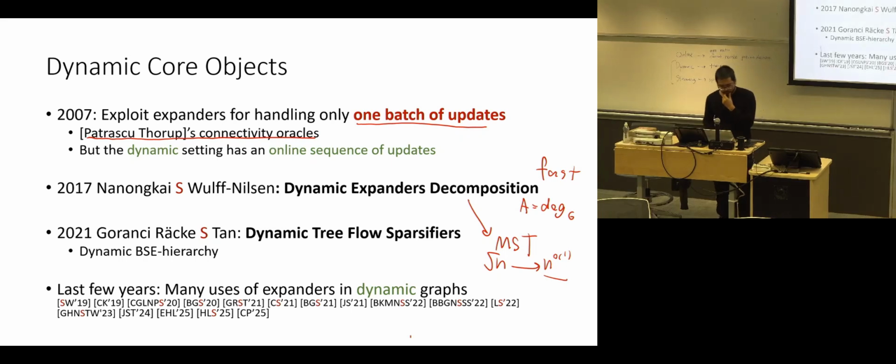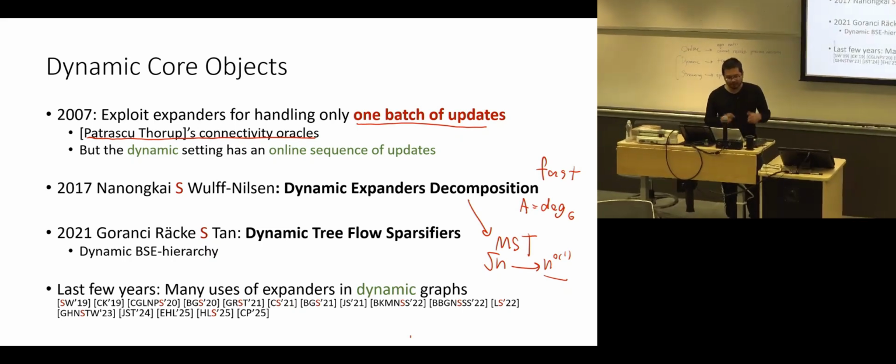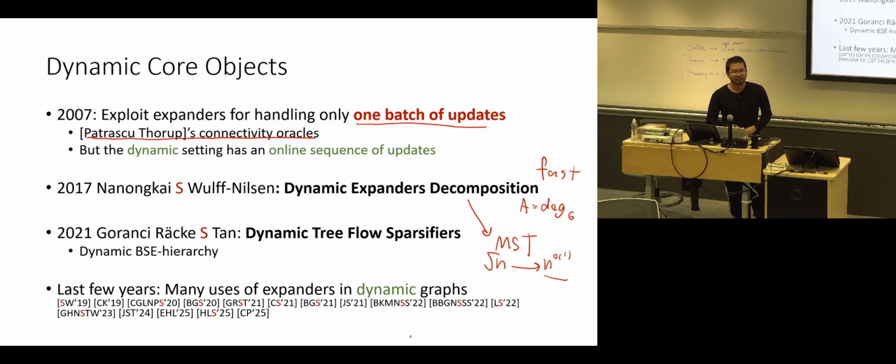And then in the last few years, there are just so many dynamic algorithms that use expanders. So it really became clear that expanders are super useful for dynamic algorithms.